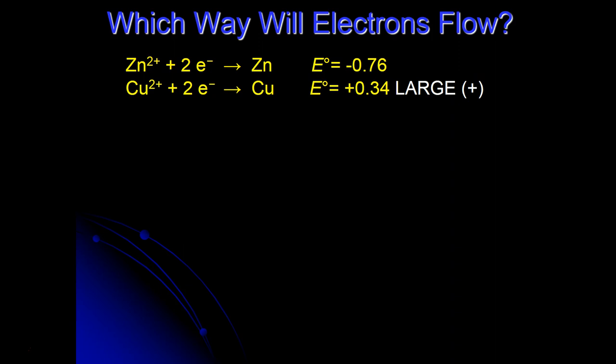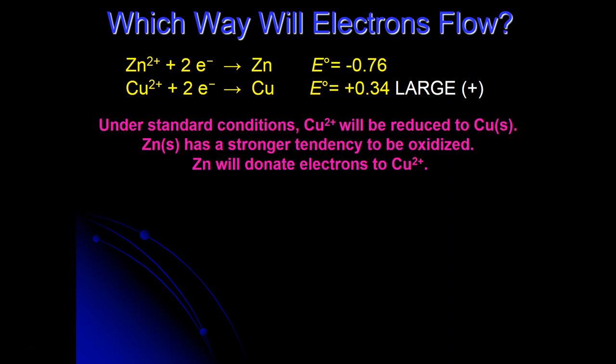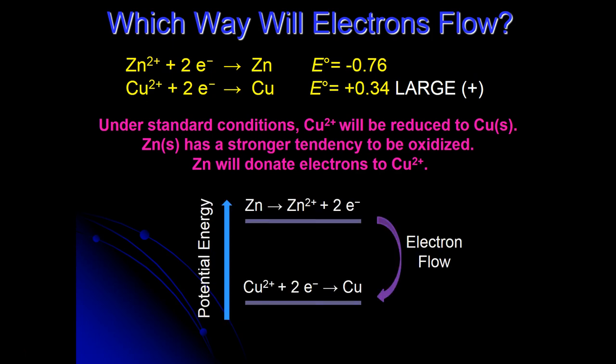Zinc isn't going to be reduced in this case. Zinc is going to be oxidized and copper 2+ is going to be reduced. Under these conditions, we're going to get copper 2+ being reduced to copper solid, zinc solid being oxidized. Zinc is going to donate electrons to copper 2+, and our electron flow will happen as depicted here.